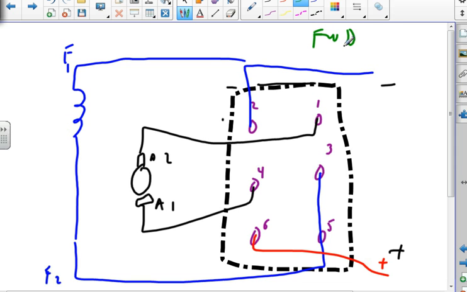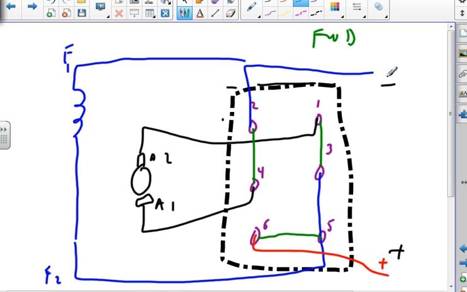So how are we going to be hooked up going forward? It says 1 is connected to 3, 2 is connected to 4, and 5 is connected to 6. Okay, so that's what it says on the top of page 53.